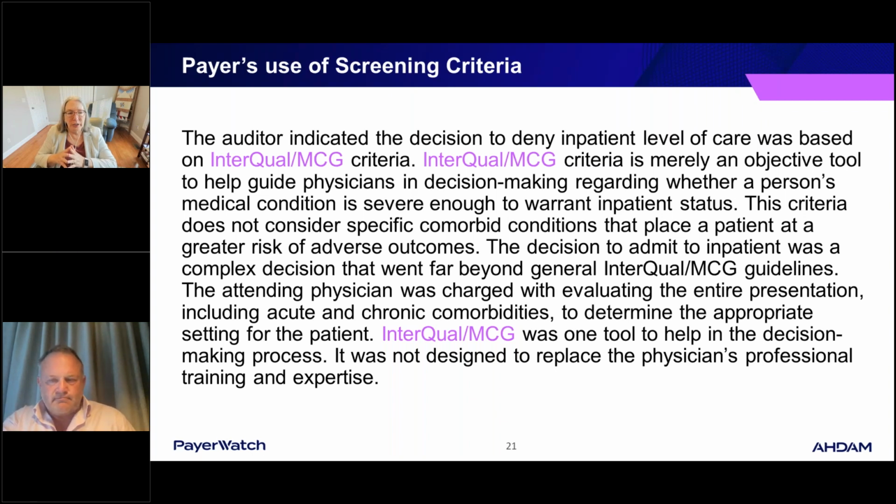So with the MCG criteria, they select one, and the patient has two or three or four comorbid conditions that support that the patient needs to be admitted, but the payer says, well, it doesn't meet this one criterion very strictly. And if you go into Milliman, for example, there's actually a preamble, or there used to be, that said this is not used to supplant, in layperson's terms, second guess physician judgment.